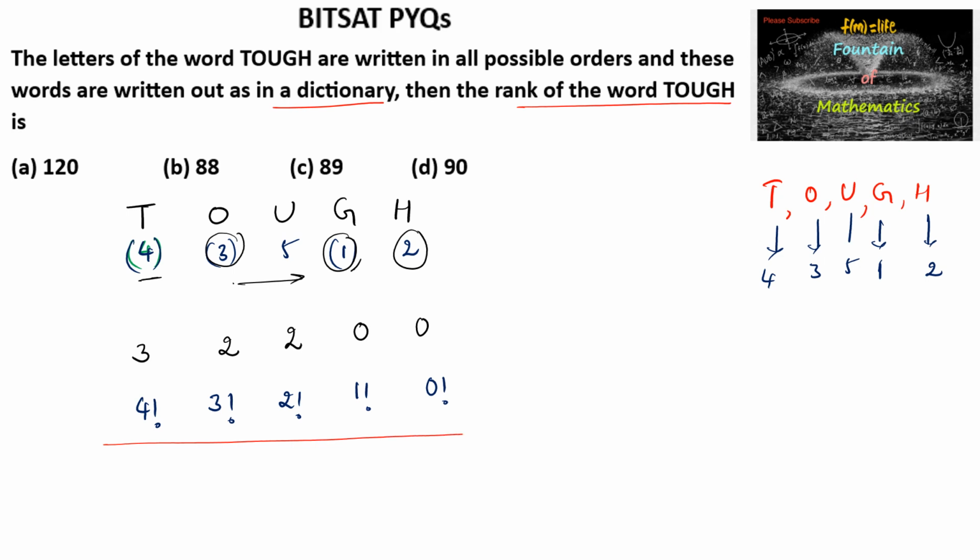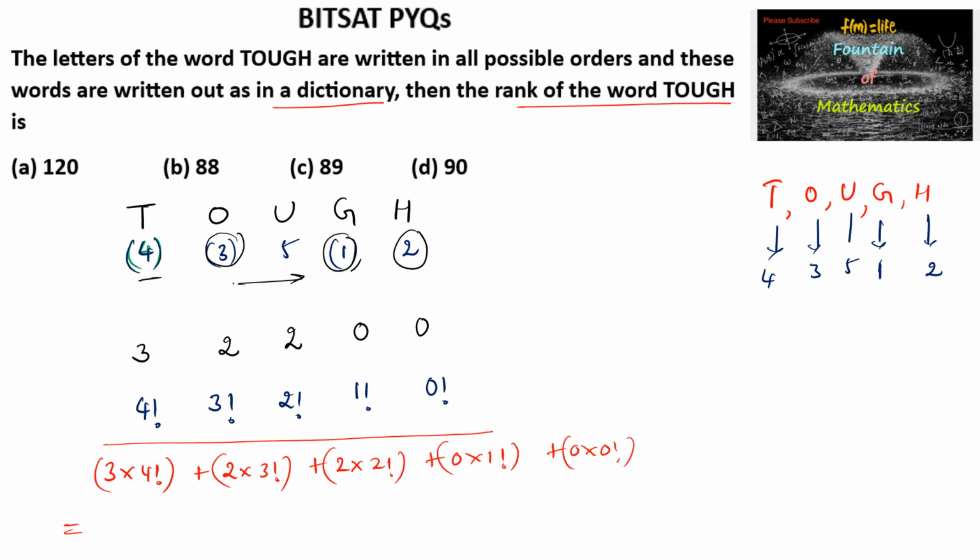And hence we can say, by multiplying correspondingly, 3 into 4 factorial plus 2 into 3 factorial plus 2 into 2 factorial plus 0 into 1 factorial plus again 0 into 0 factorial.